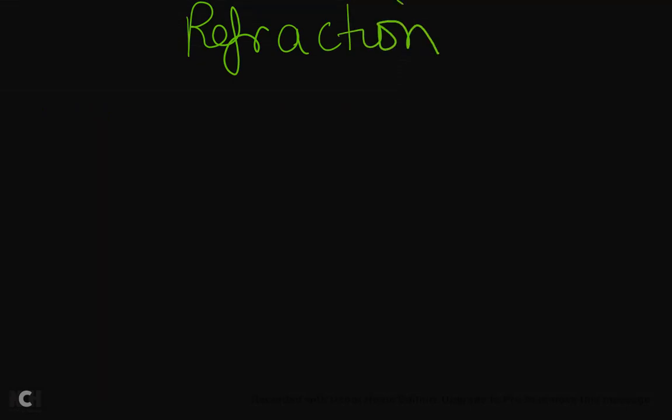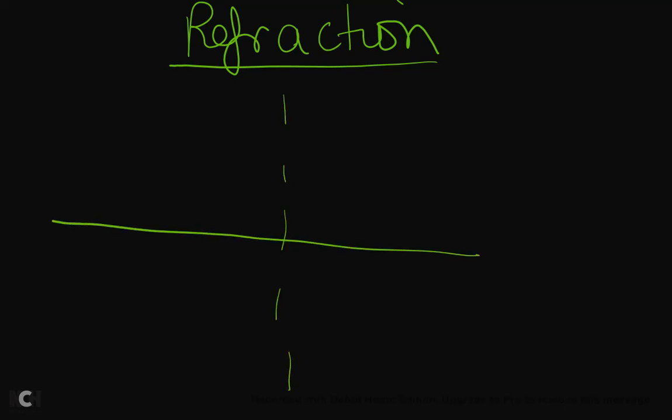Now, one of the concepts of refraction is basically that light rays can pass from one medium to another. So let's say I have a ray. We're going to go back to the concept with a normal, and then you have, let's say, glass.